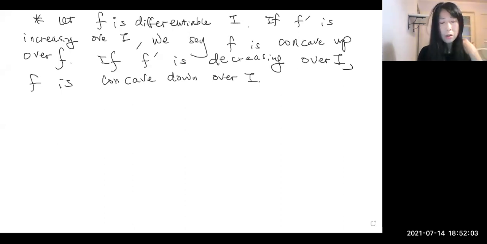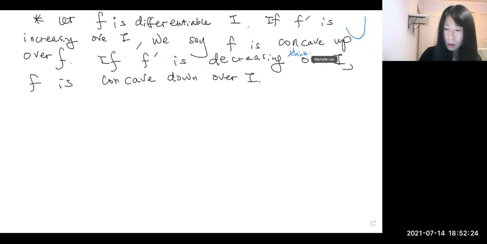Let me just explain the vocabulary concave up, concave down. Concave up is like a parabola opening upwards, so we might think it holds water.